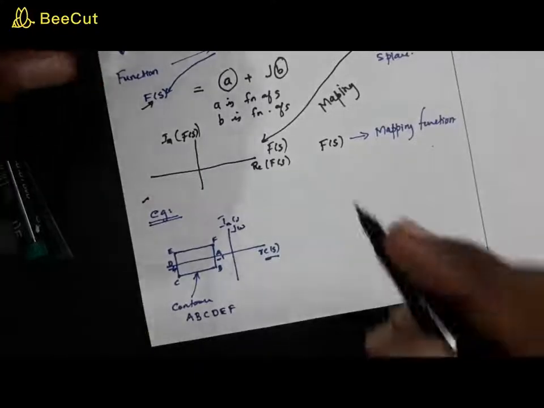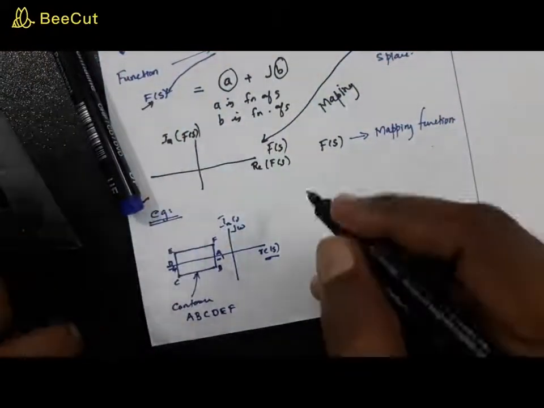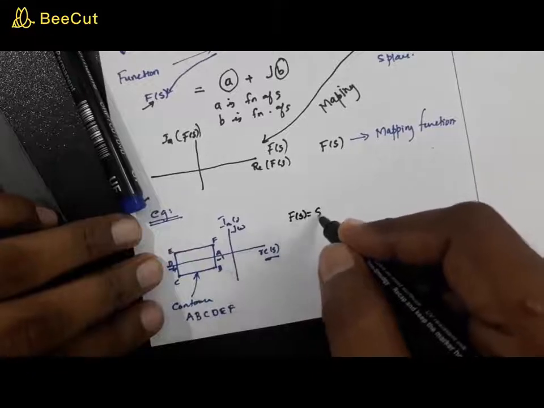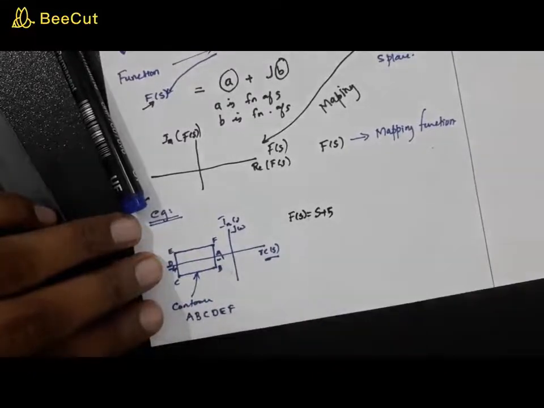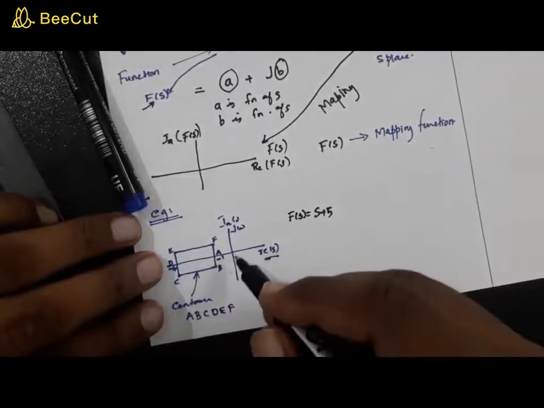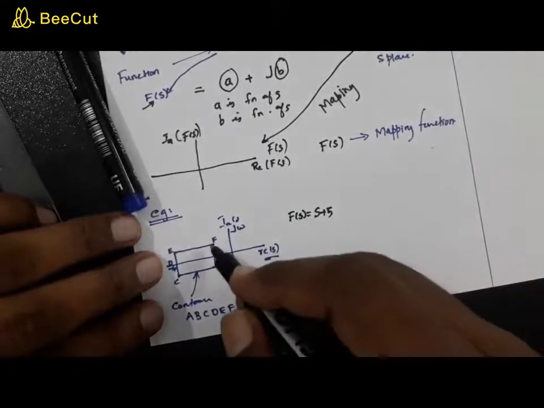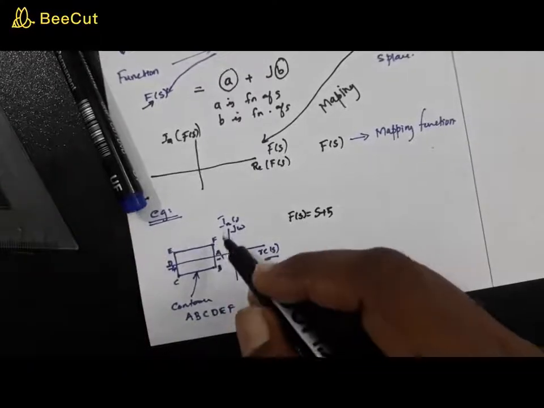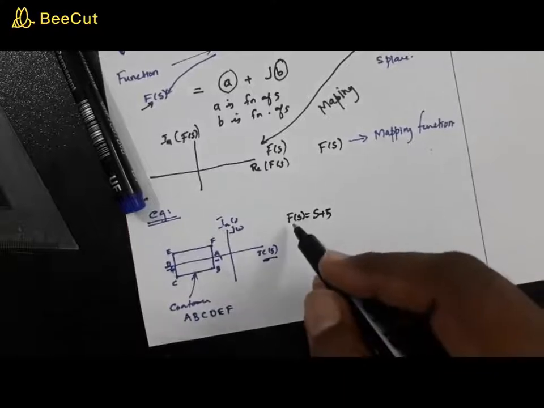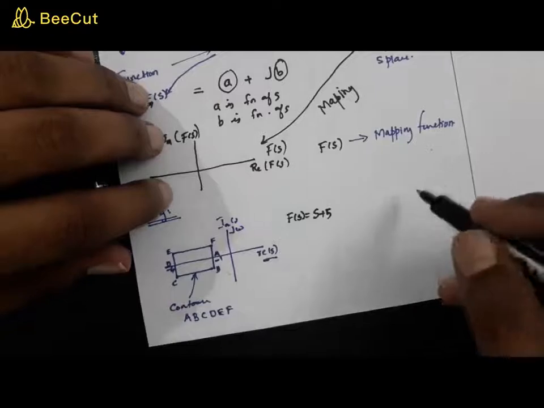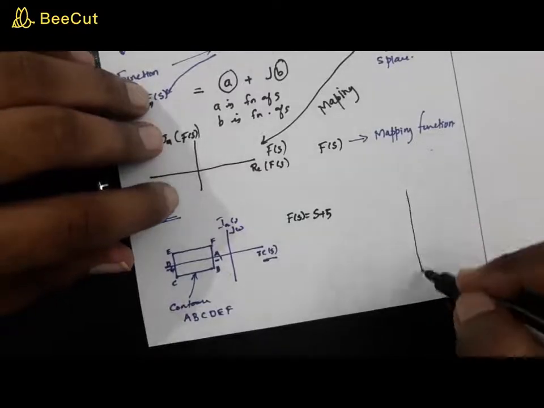Now suppose you have a function f of s is equal to s plus 5. I want to transfer this to another plane f of s. So I have defined a function f of s and I want to plot this f of s.